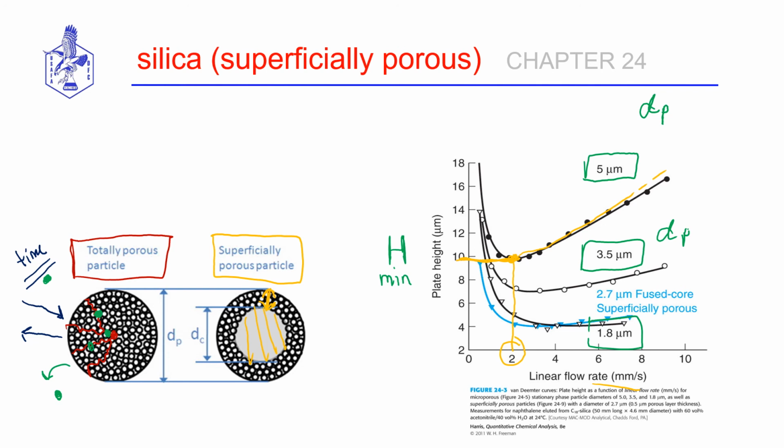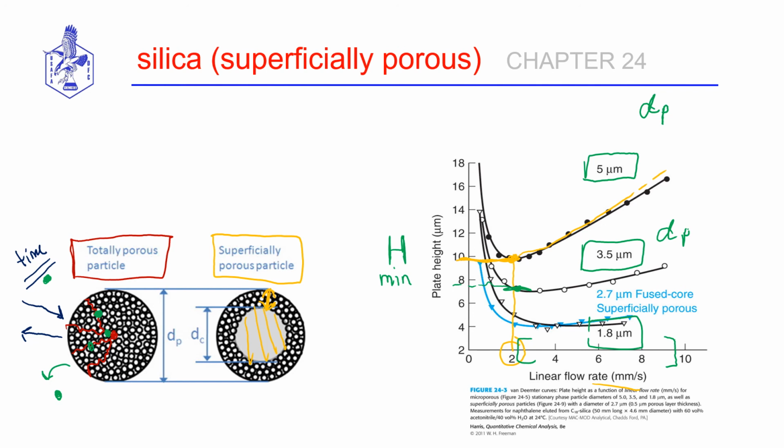I get an improved plate height, okay, so minimum plate height, and I get an improved range of flow rates that give me this ideal plate height. So now I have the option of using a faster flow rate, which can shorten my separation time.